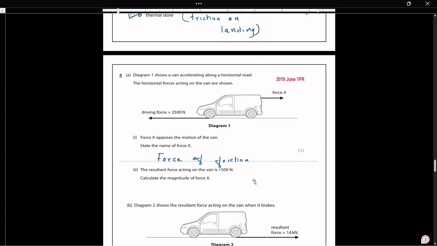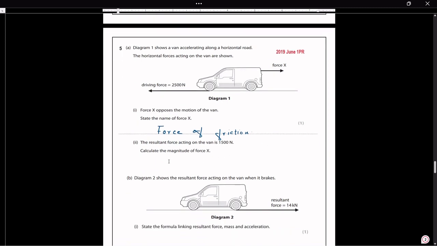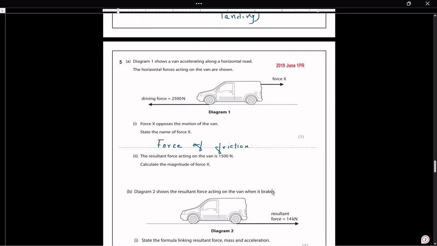The resultant force acting on the van is 1500. Calculate the magnitude of force X. So this is the van, and here is one force, that is 2500 Newton, and here is the resultant force, which is 1500 Newton.